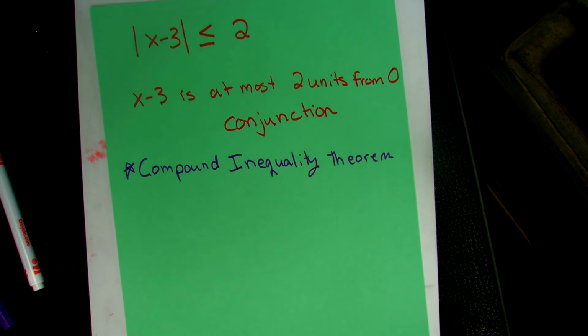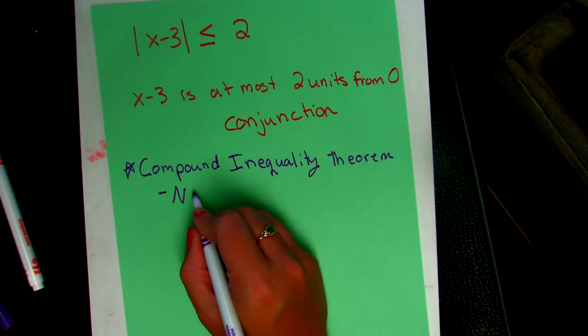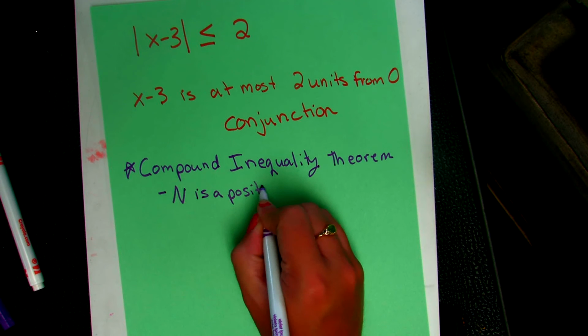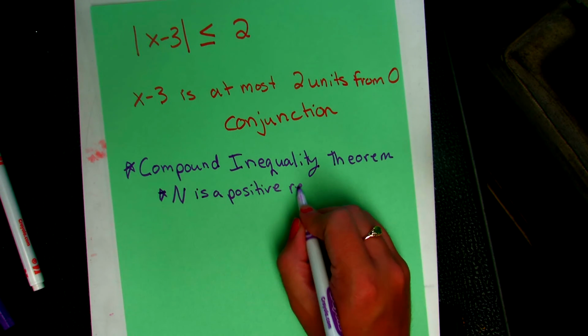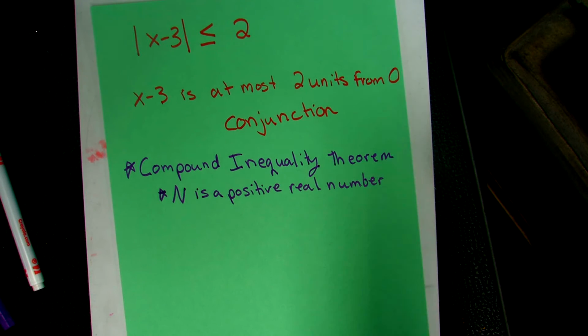Okay, so first of all, we're going to just assume that n is a positive real number in every case. Okay, so go ahead and make that your very first statement. Like, this is only working when n is a positive real number.